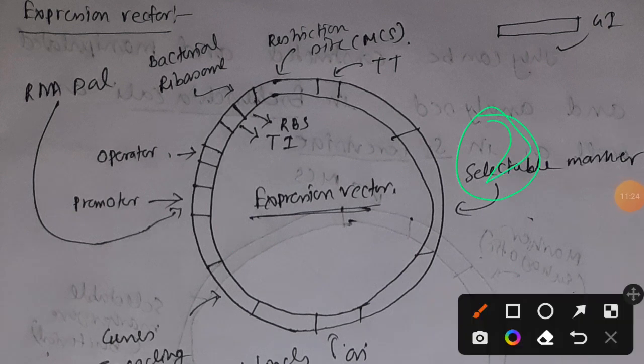And fate number 3 is that inside a prokaryotic host, you may not get the appropriate initiation factors that are required to start a eukaryotic promoter.